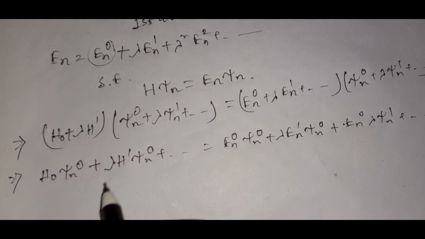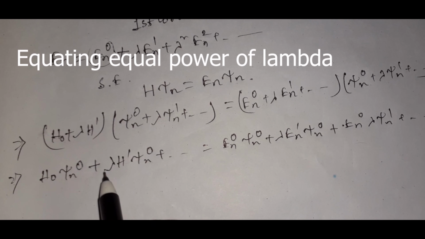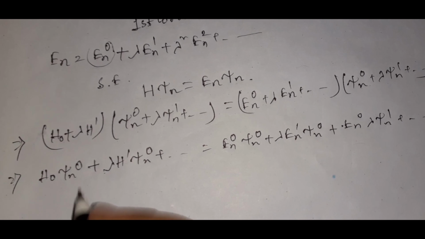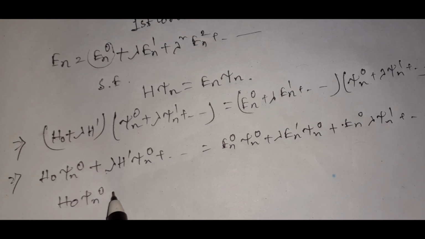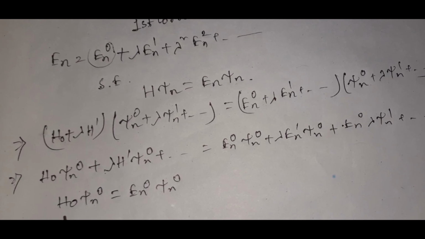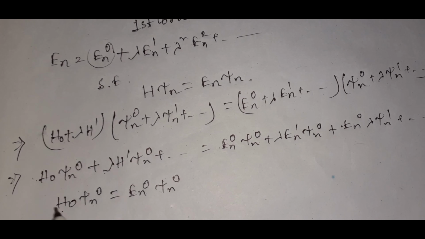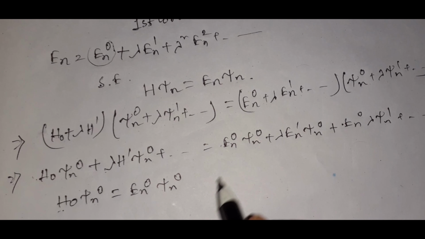Now if we equate equal powers of lambda, we get H0 psi n0 equal to En0 psi n0. Both their coefficients are lambda to the power 0, meaning 1.